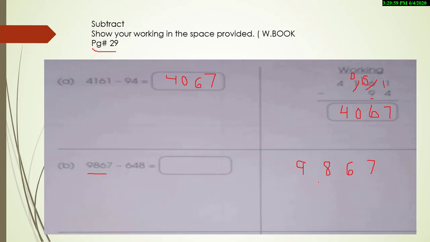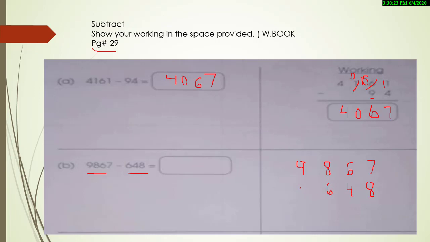The first placement is done. Now come to the next one. It is 648. So I told you, to avoid the mistake, you can start writing the number from the back side easily. That is 8. Make sure they come under each other. 4, and the last is 6.